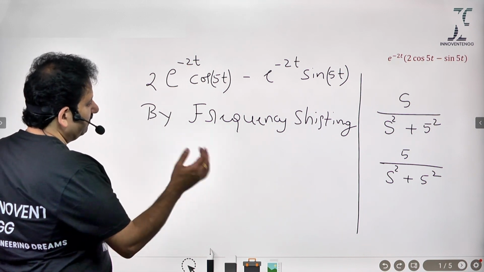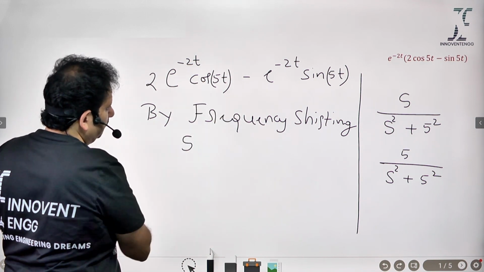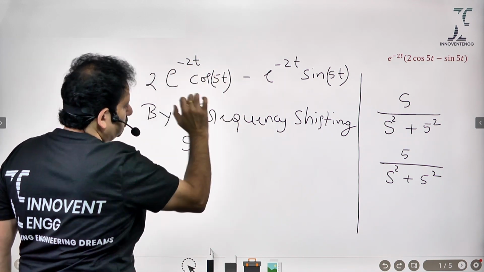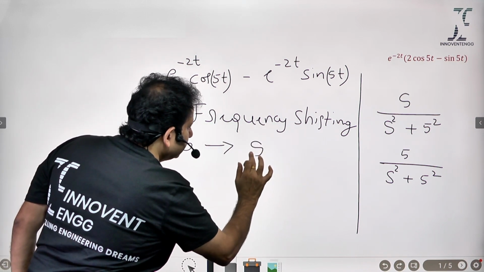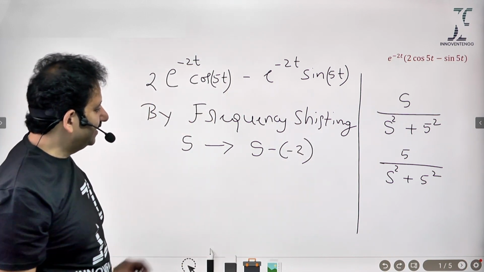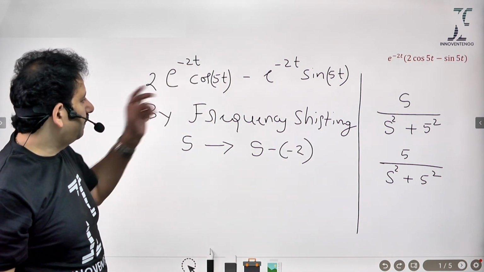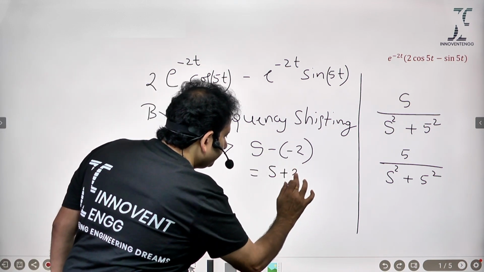So by frequency shifting, for both the terms, since it is minus 2 and minus 2, s is going to be replaced by s minus of minus 2. That is, you are essentially subtracting the coefficient from s, and that leads to s plus 2.